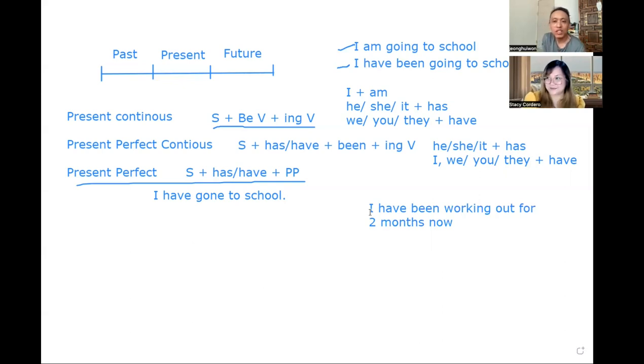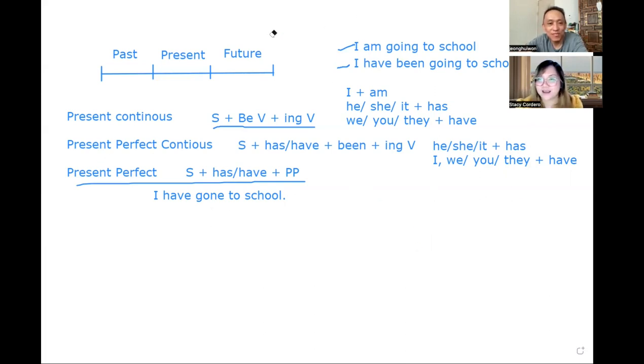Yes, still working out. Very good. And do you still plan to continue it next week or tomorrow? Yeah. Great. So that's how we use present perfect continuous. So nice.